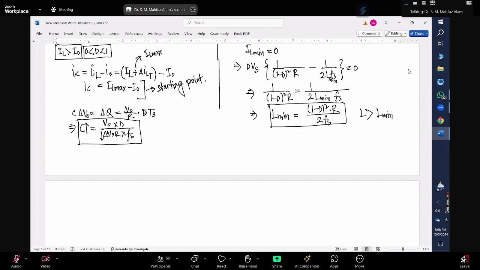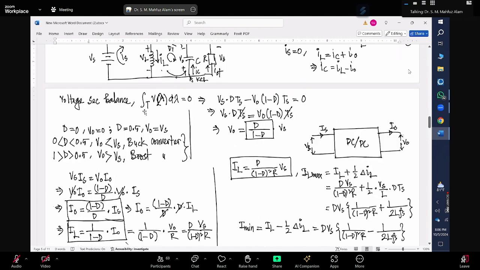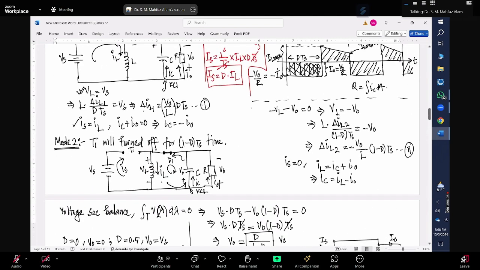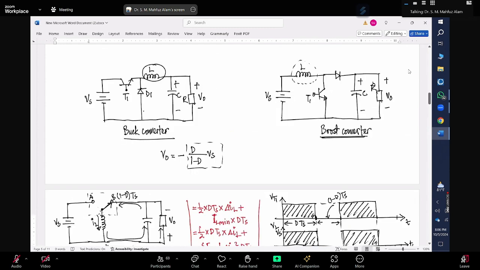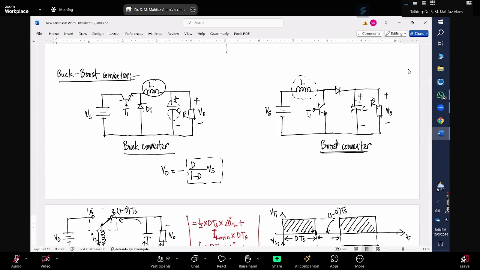So the capacitor in the buck boost converter, or the simple buck or boost converter, is actually keeping the output voltage always constant with minimum ripple. But the actual energy storage and the power which is supplied to the load is done by this inductor, right?